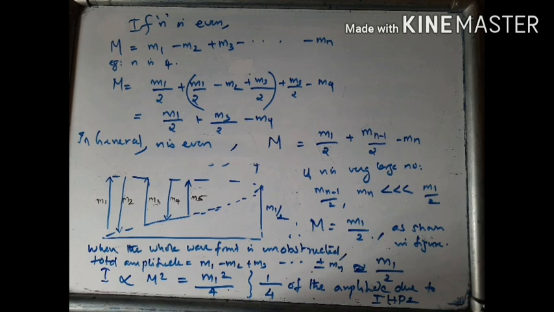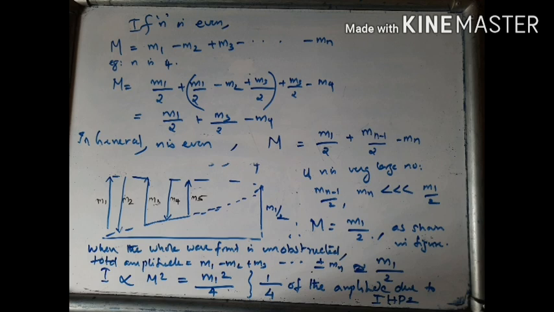And if you know the amplitude of light, we can easily find the intensity. And you know that intensity is directly proportional to the square of the amplitude. Therefore, the total intensity at P is equal to m square, which is equal to m1 square by 4.